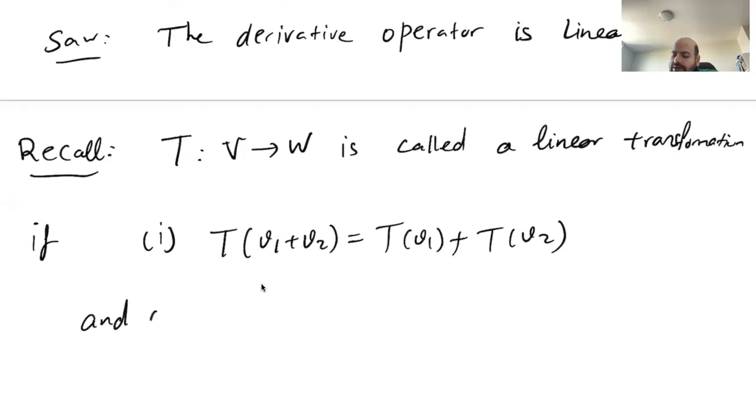And the second condition, T of cv is equal to c times T of v.